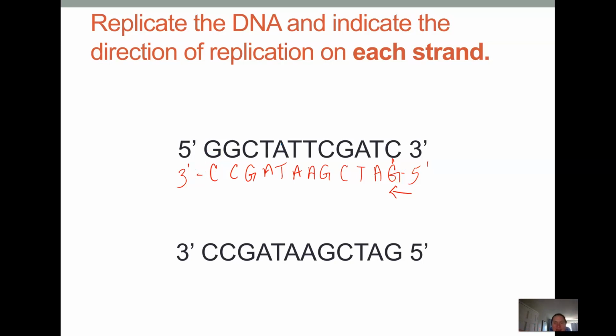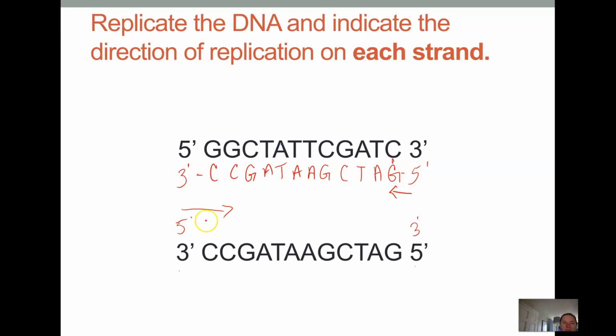So now let's try the bottom strand. The bottom strand is 5' over here and 3' over here. So that means that we have a 5' to 3' direction here. And again, we always make new DNA in a 5' to 3' direction.